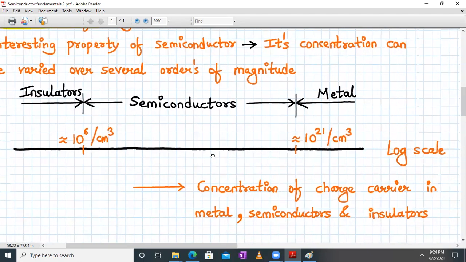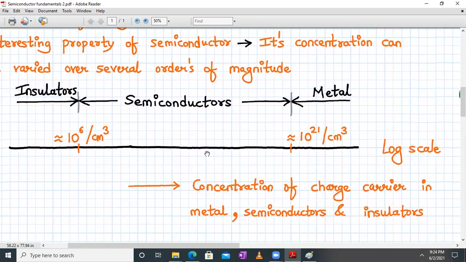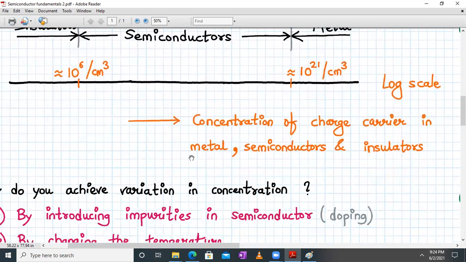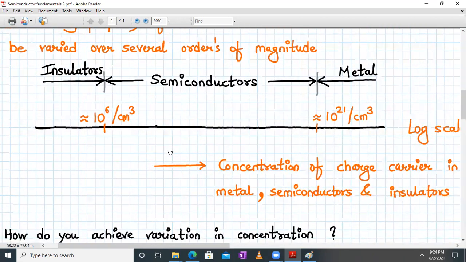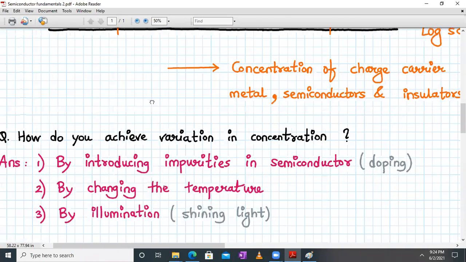So this is the difference between the three materials: metal, semiconductors, and insulators. So metals have high concentration of charge carriers, insulator have the least, and semiconductor have the widest concentration of charge carriers.